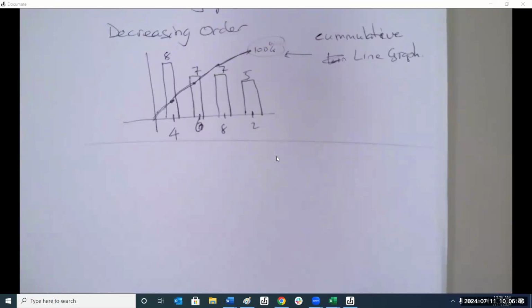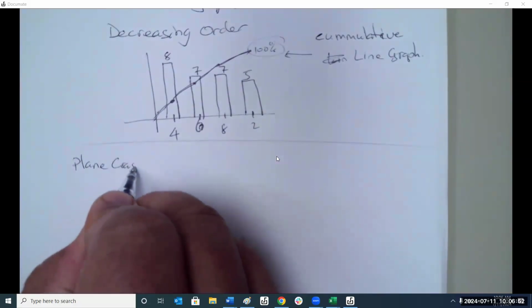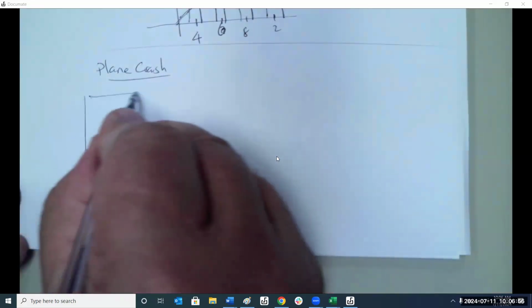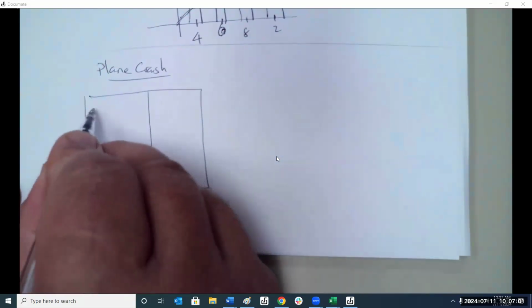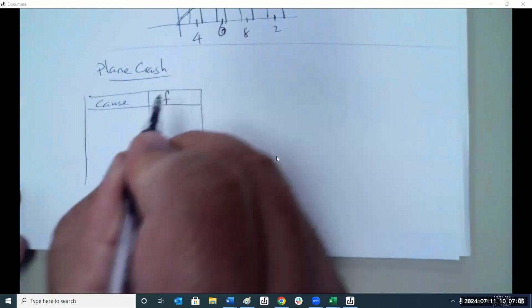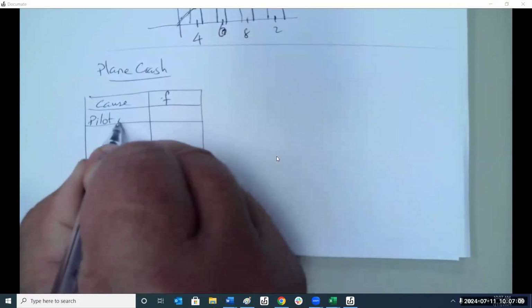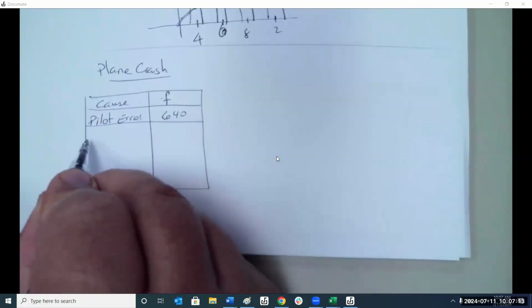Remember the plane crash one? We had plane crashes. We had our frequency distribution, the cause and the frequency. Pilot error was 640.